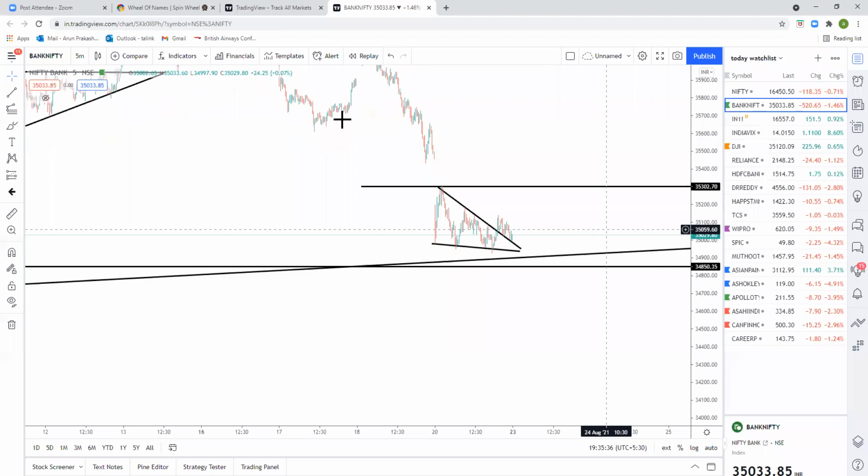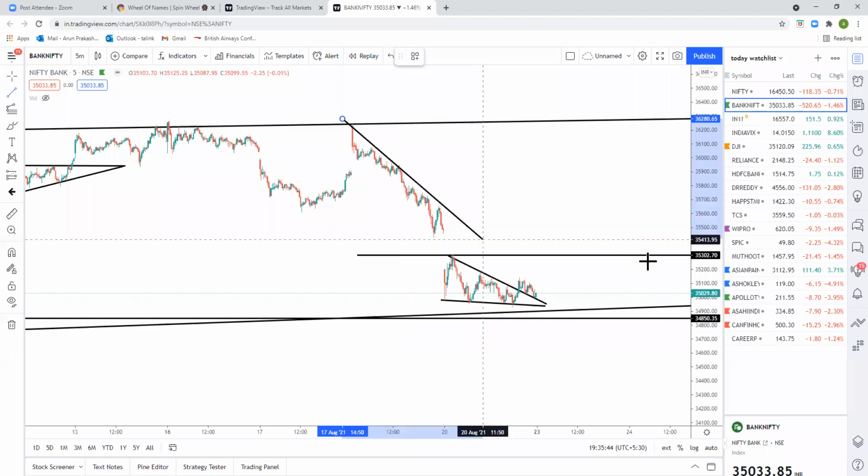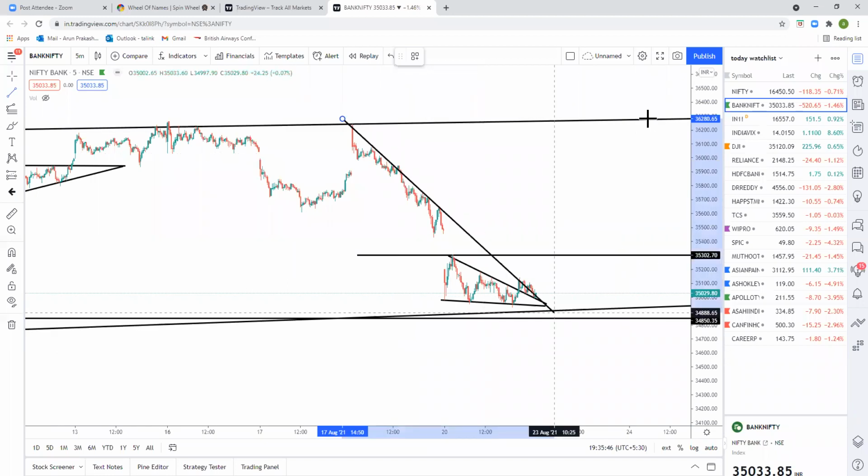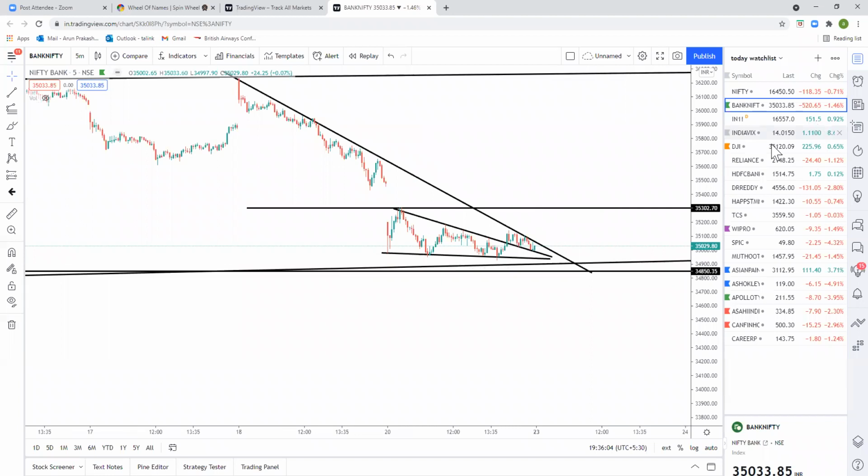I also had this trend line, and I thought of entering if it gives a breakout tomorrow. Is that a good thing? Yeah, bro, you can definitely do that because this is a proper trend line. We also had this trend line. If it gives a breakout, you can go ahead and do it. But by looking at SGX Nifty, we might actually open above this trend line tomorrow.